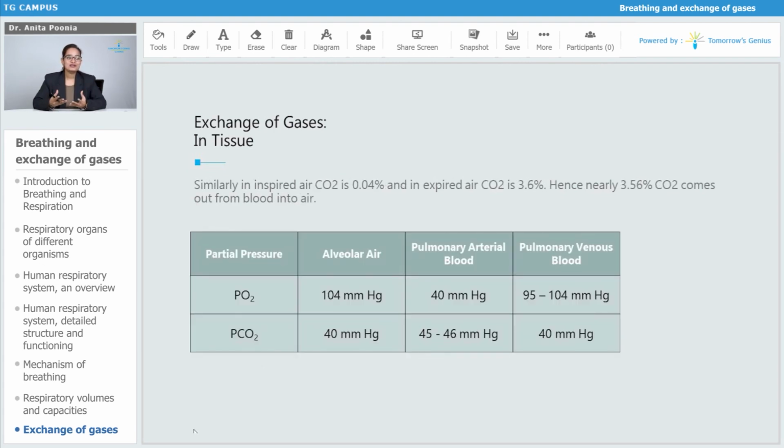Similarly, in inspired air, carbon dioxide is 0.04%, and in expired air, carbon dioxide is 3.6%, and hence nearly 3.56% carbon dioxide comes out from the blood into the air. So here you can clearly see the partial pressure of oxygen and carbon dioxide in the alveolar air, in the pulmonary arterial blood, and in the pulmonary venous blood.